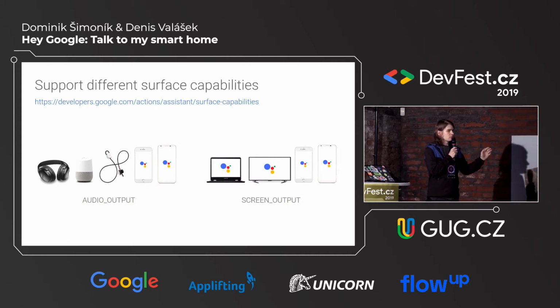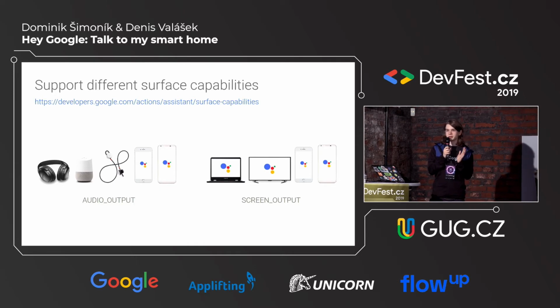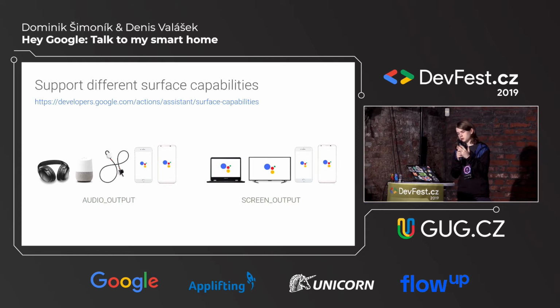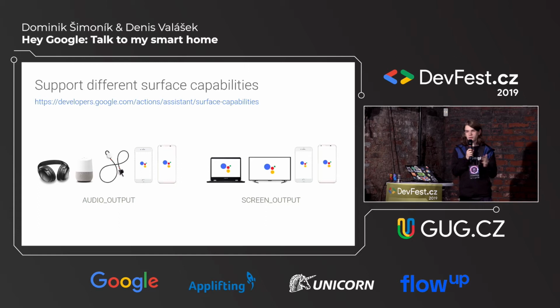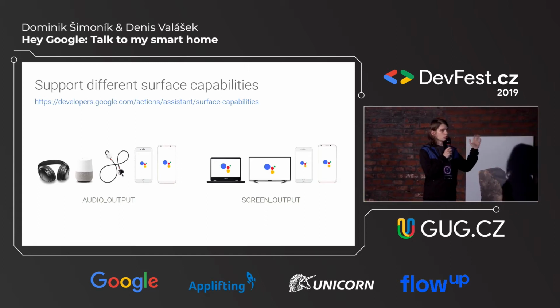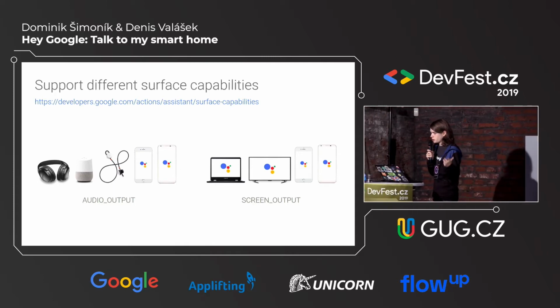As I said, there are a lot of devices that Google Assistant is available on. And these types of devices branch out to devices with just audio, or devices that also have a screen. If you have a screen, you can control things a lot more easily just by pressing buttons and so on.